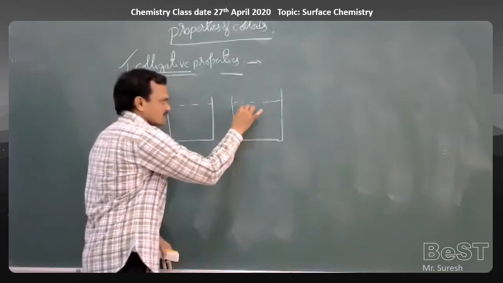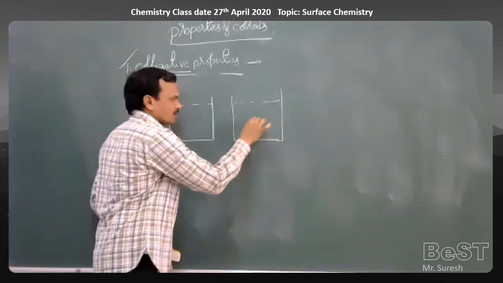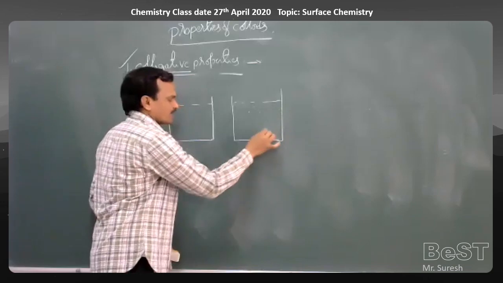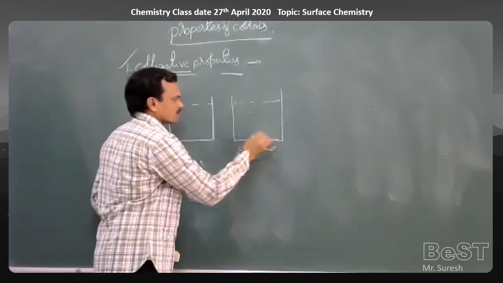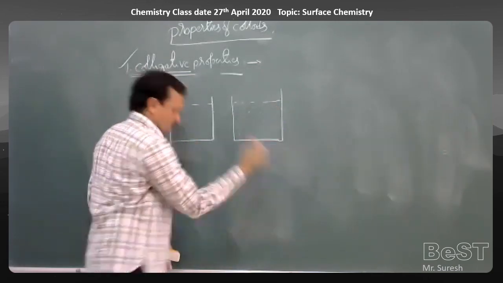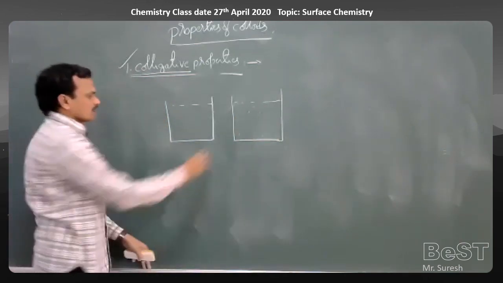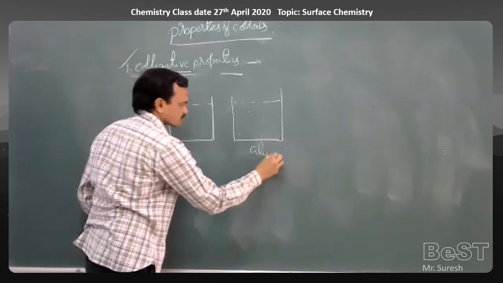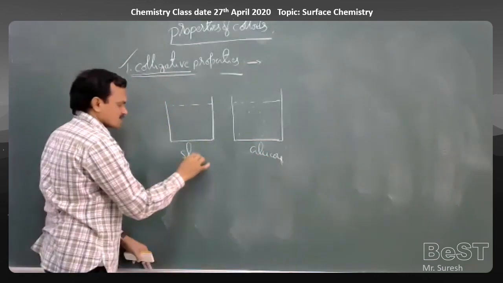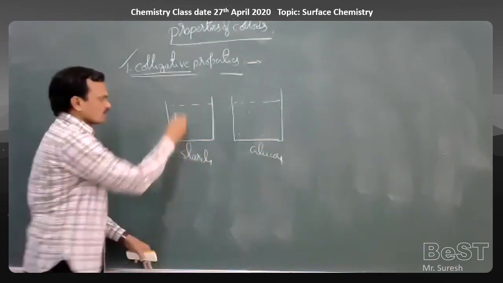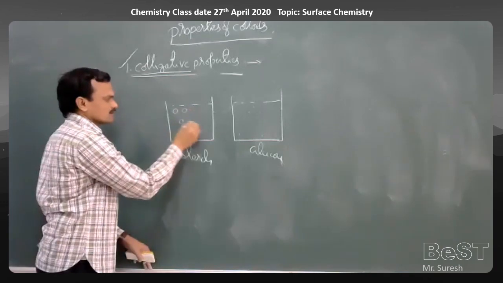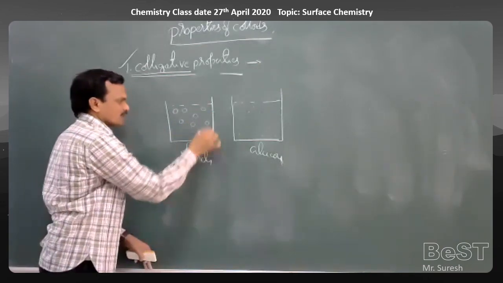This is the size of a glucose molecule. Like this, the particles are present. This is the glucose solution. This is a starch solution. This is the size of the particle. This is the colloidal sized particle.